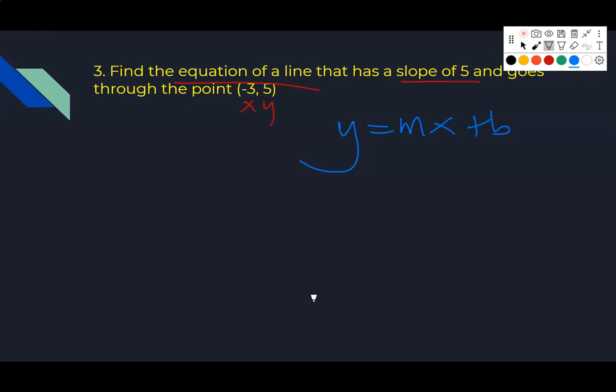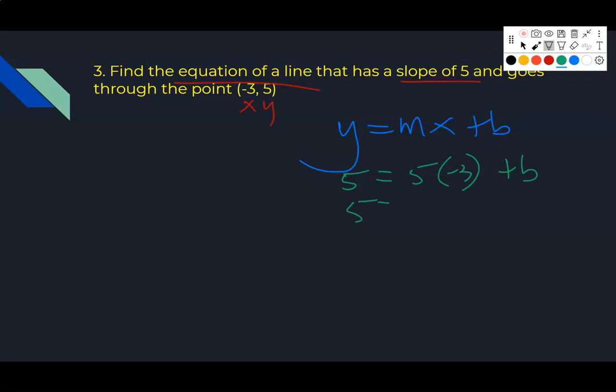As you can see, we have the slope m, which is 5. You have the x and the y, and we will be able to solve for the y-intercept b. So let's substitute all those here. y is 5 equals m, the slope 5, x is -3, plus b.